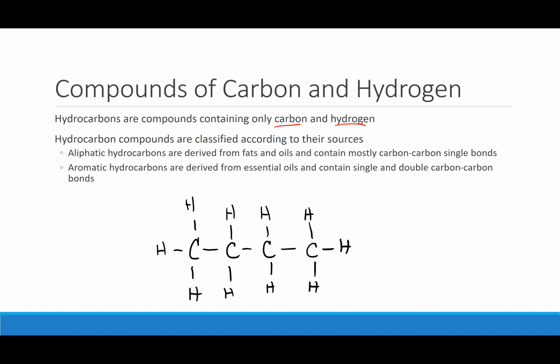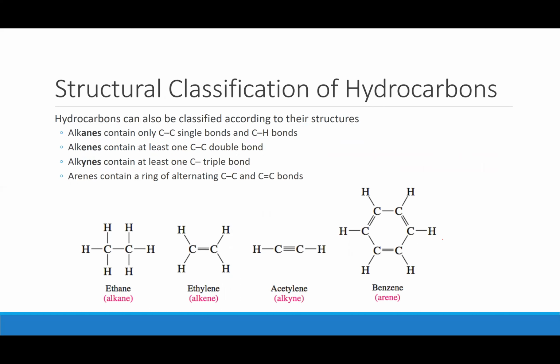Now we're going to focus first on chains of the first variety, single bonded carbon hydrogen chains. Now, to classify a hydrocarbon based on the type of bonds it has, we use these following phrases.